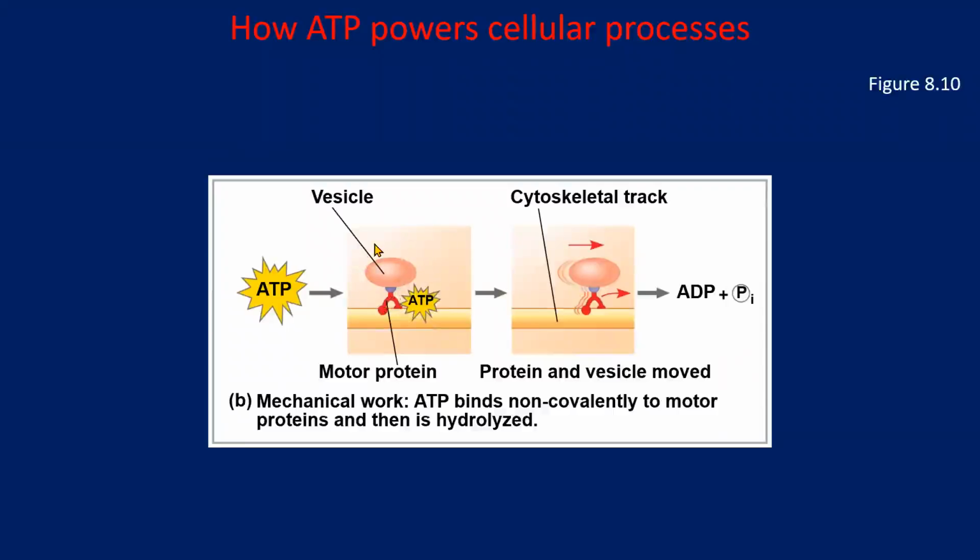This vesicle might have different nutrients and different proteins, but the motor protein has to move across the cytoskeleton track, and in order to have that movement, ATP is used.